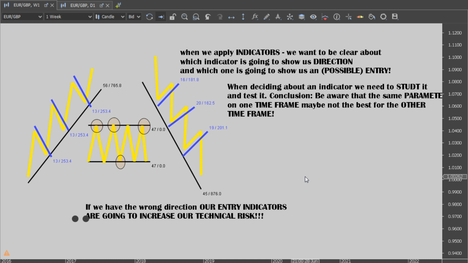Now, there is no right or wrong, but this is just my opinion, okay? There are no books about this, but the best way to help yourself with indicators is to put them inside your manual strategy. It's just my opinion, not a rule.